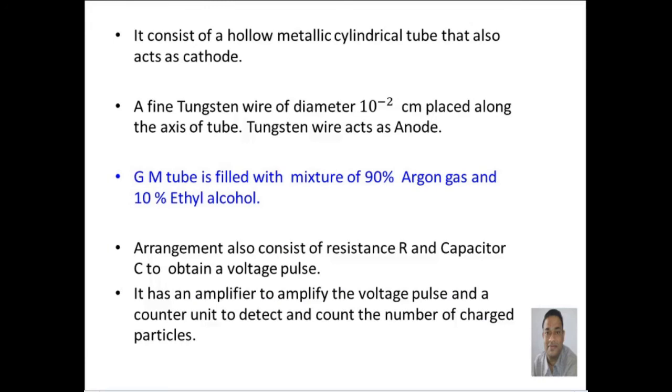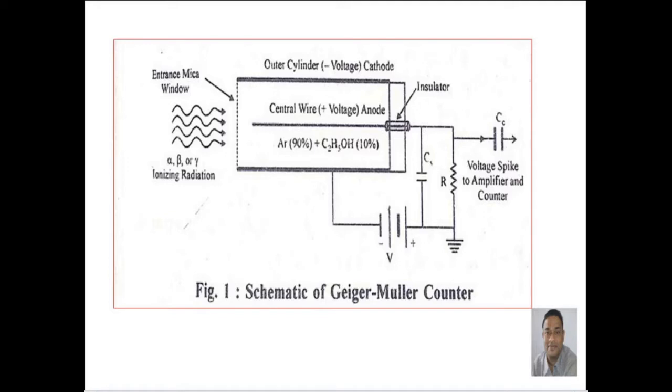The GM tube is filled with a mixture of 90% argon gas and 10% ethyl alcohol in gaseous form. The arrangement also consists of a capacitor and a resistance so that a voltage pulse can be obtained across the resistance.